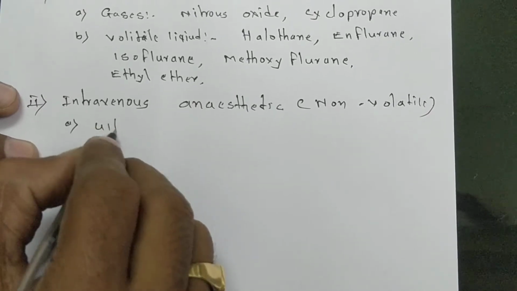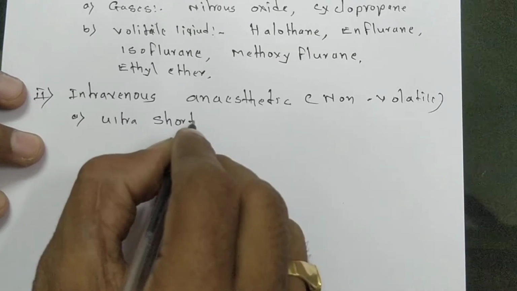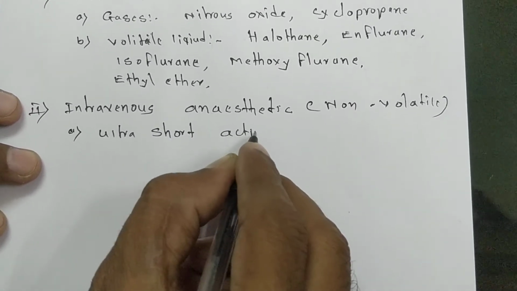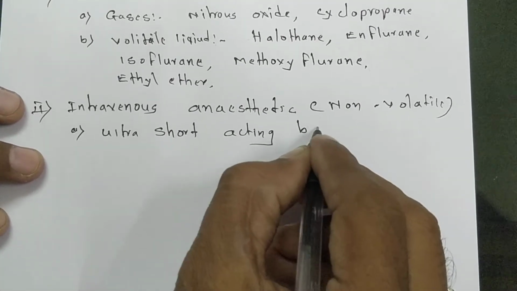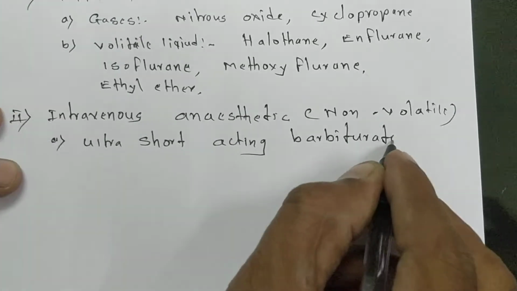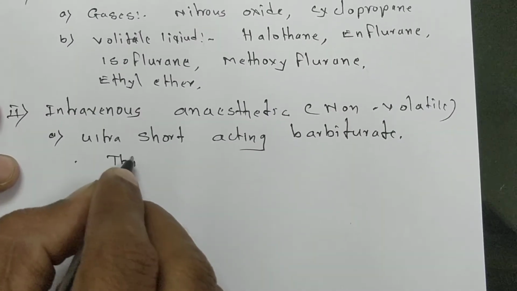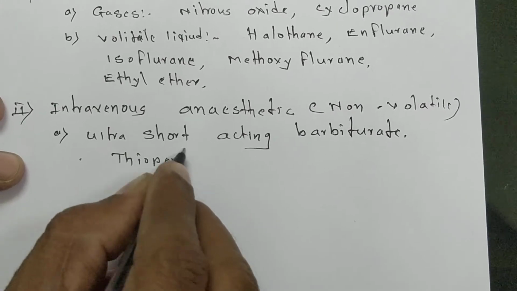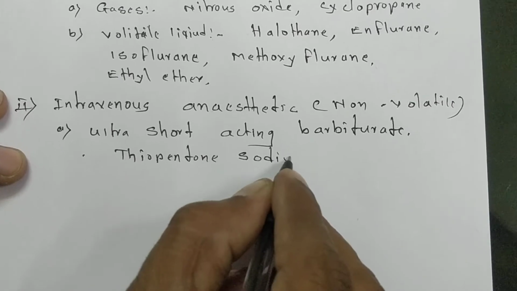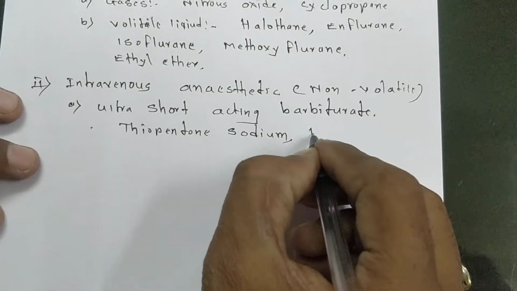First, ultra short acting barbiturates. Examples: thiopentone sodium, hexobarbitone.